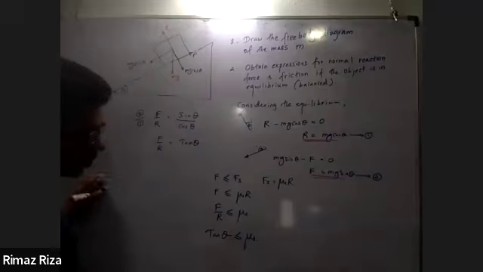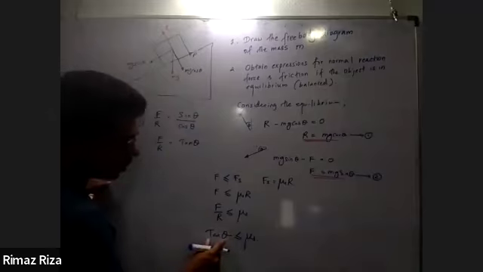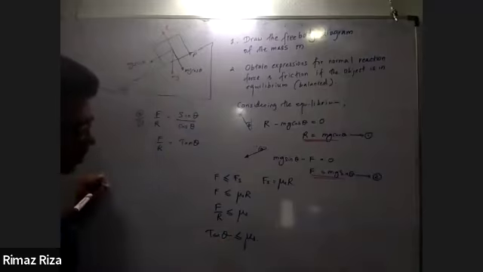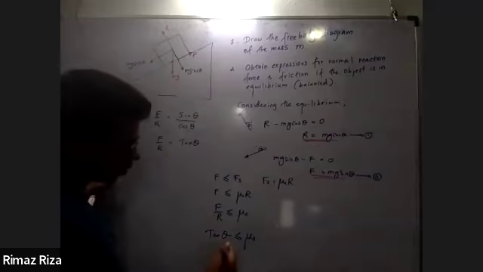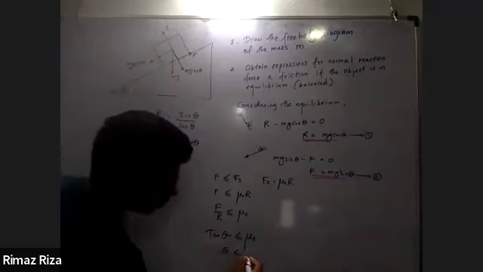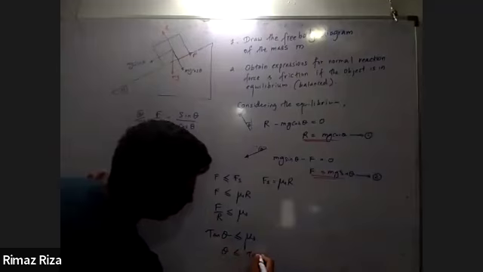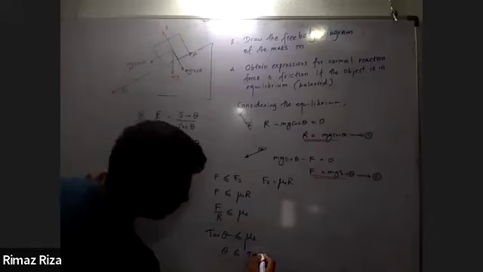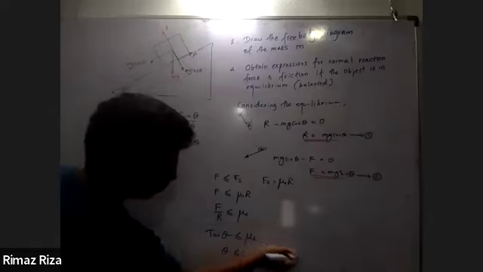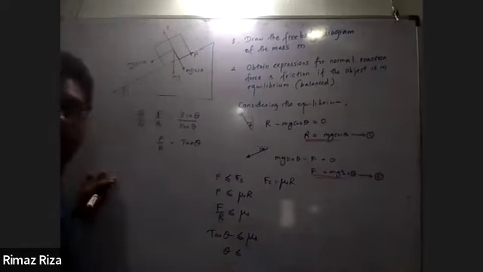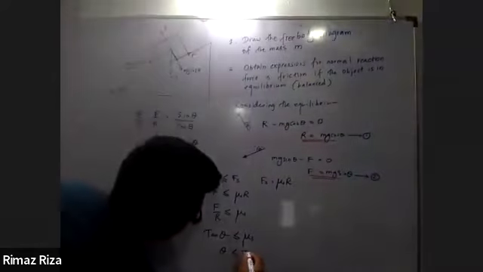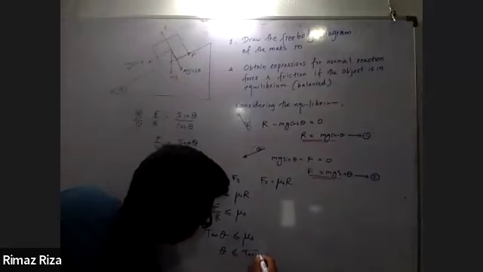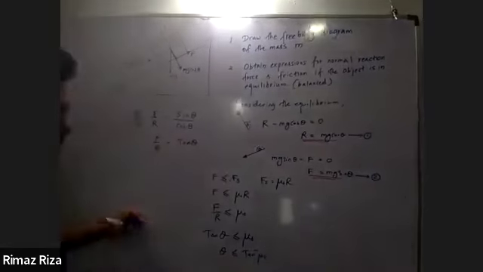So theta is less than or equal to, taking the tan to the other side, tan inverse mu s. Tan inverse mu s. Okay.